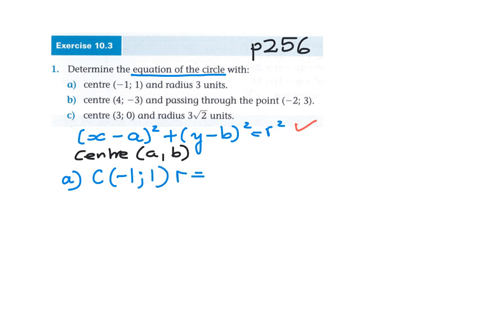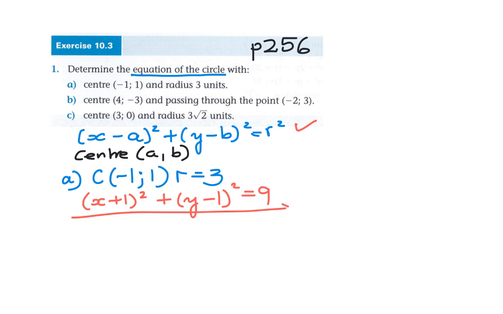The radius was 3 units. Therefore, my equation was (x + 1)² + (y − 1)² = 3², or 9. Please remember that there will always be a plus between the two brackets. If there is a minus, it's no longer the equation of a circle.